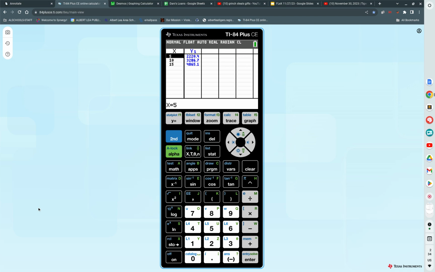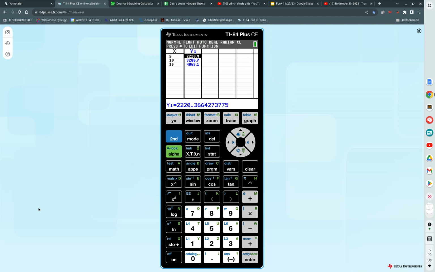Table is second graph. And once you get to your table, you should be able to just type in 5, 10, and 15. And if you hover over those numbers, you can see that below it expands the numbers further so you could get a more accurate amount, but those 3 are your answers.